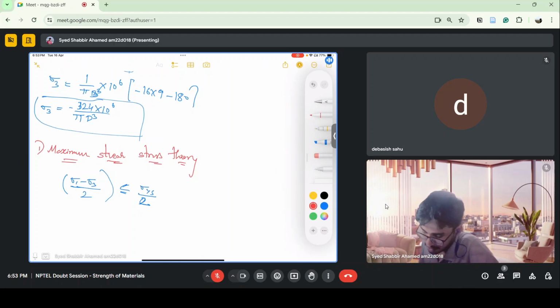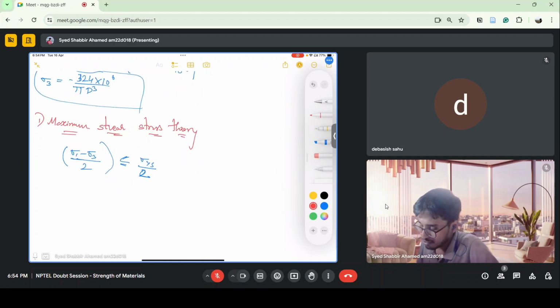Since they have also given the factor of safety, n here, the factor of safety is nothing but the permissible stress divided by the allowed stress, which is sigma ys by sigma 1 minus sigma 3. So this is the factor of safety.